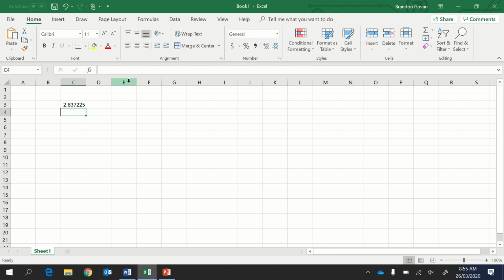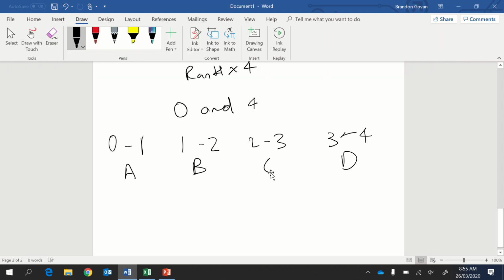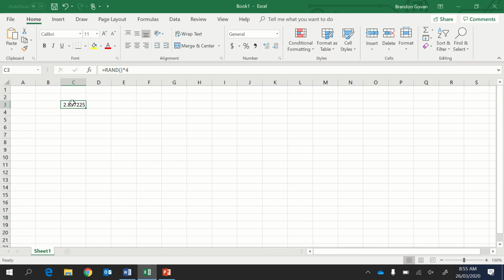So I'm going to hit enter there, and we've got a value that's 2.83. So that means that this one lies in between 2 and 3. So we've got a value for C there for our probability. So that means in this particular trial of one event, candidate C was randomly chosen to win.